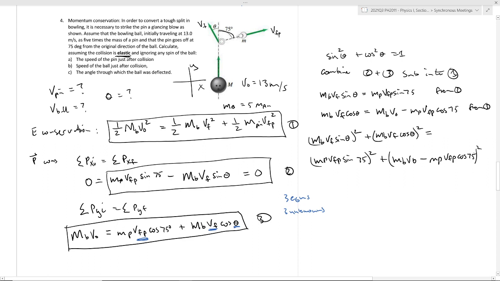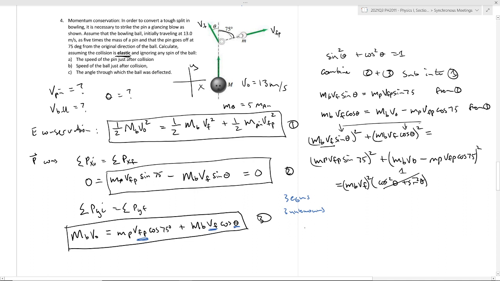And then notice that the left side we can factor out. Let's write it like this: mb vf squared times cosine squared theta plus sine squared theta. We've just factored out mb vf squared, and then this becomes 1.